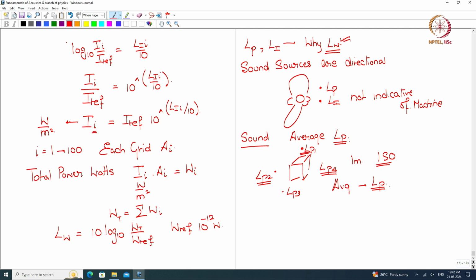Now, another thing is that this method of using 2 microphone probes has a certain advantage.